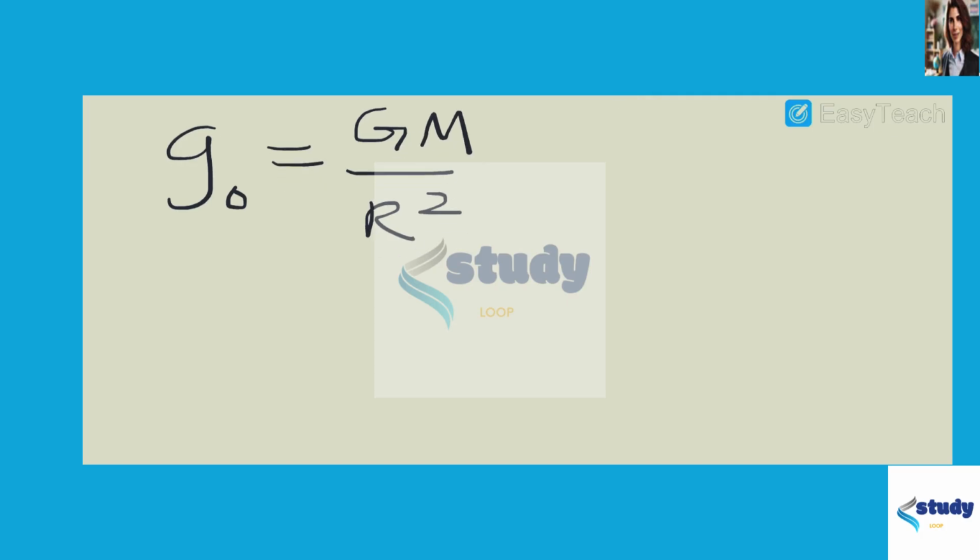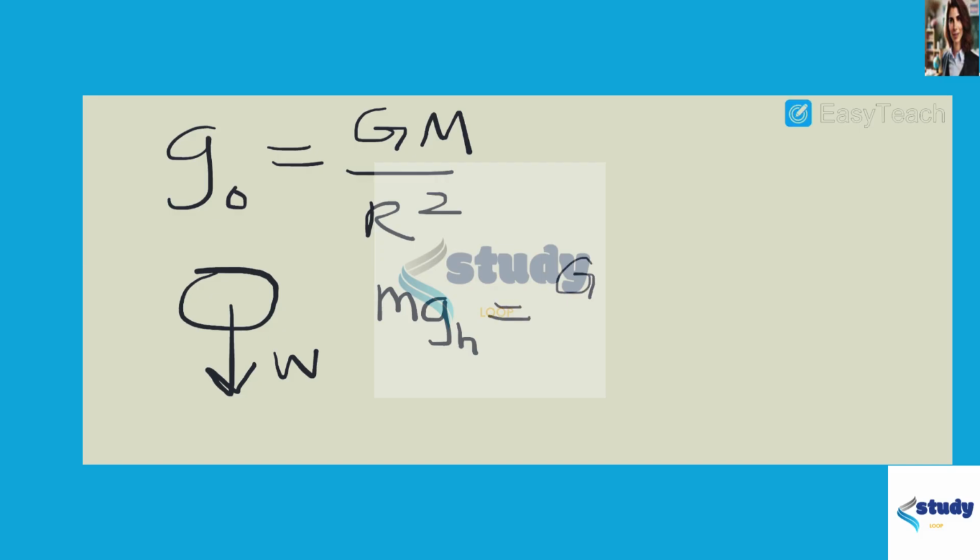Now, similarly, we are going to have the same mass at a distance h above the Earth. So this weight is now going to be mgh, which is the force of gravity at a distance h above the surface of the Earth, is equal to that same universal gravitational constant, the mass of the object, the mass of the Earth, over, now the distance is going to be the radius of the Earth plus h, which is the height, squared.